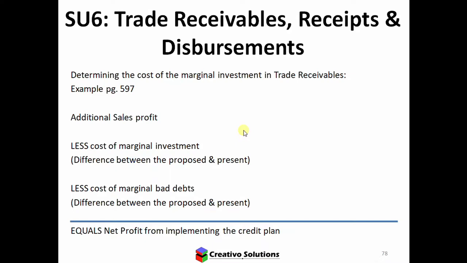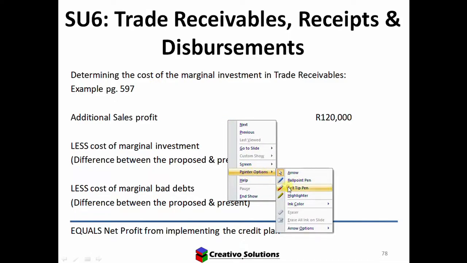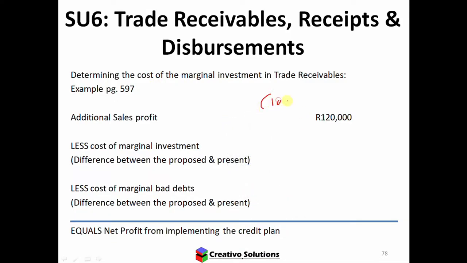If you now do the working, the calculation, looking at the profits, you know that the variable cost per unit is 60. You know that the selling price is 100. So what is the additional profit going to be? Well, 100 minus 60 times 3,000 units. Does that make sense?